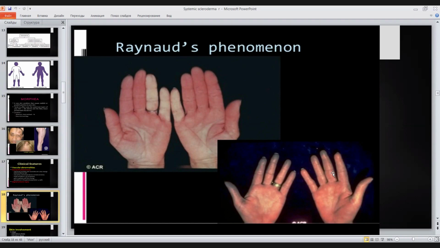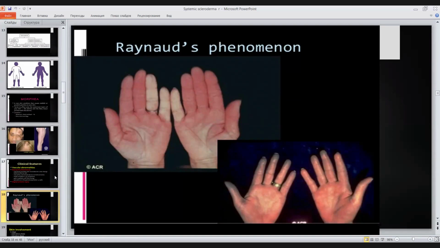And when there is reoxygenation, when the vessel returns to normal and vasoconstriction stops, there will be normal oxygen and normal blood here, and that's why it will be red again. And later the hands will be normal again, normal color like this.